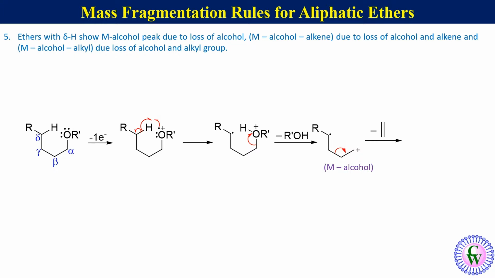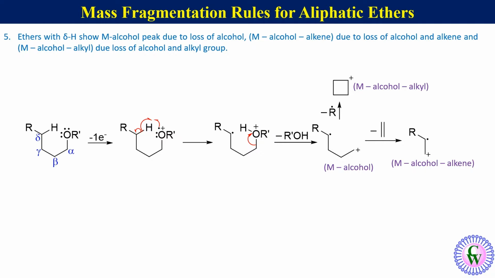Elimination of alkene from this gives new radical cation that corresponds to M-alcohol minus alkene fragment. M-alcohol radical carbocation can eliminate alkyl radical like this to produce cyclobutyl carbocation that corresponds to M-alcohol minus alkyl fragment.